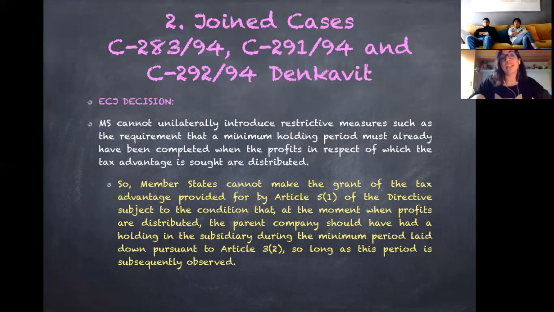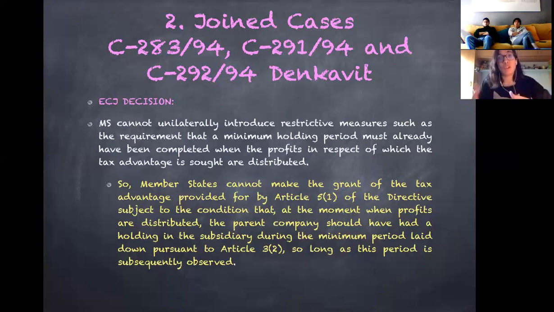a member state cannot, in its domestic legislation, subject the application of this exemption or this tax benefit to the condition that the parent company should have had a 25% holding in the subsidiary during the period laid down in the domestic legislation, 12 months in this case, so long as this period can be observed in the future.